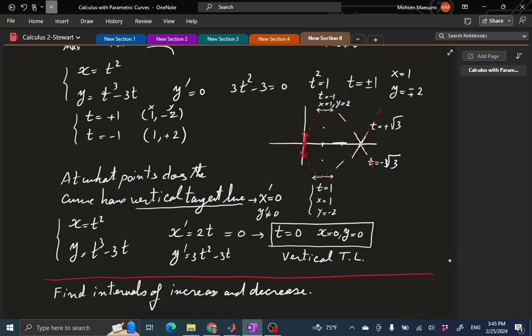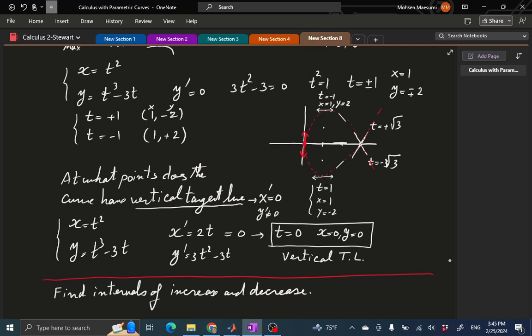On the other hand, reversing our point of view, in this neighborhood this point deserves to be called the maximum point. Compared to the neighbors, this is the highest point. Compared to the neighbors, this is the lowest point. So when I look at y as a function of x, by focusing on this neighborhood, this is a maximum. Focusing on this neighborhood, this is a minimum.